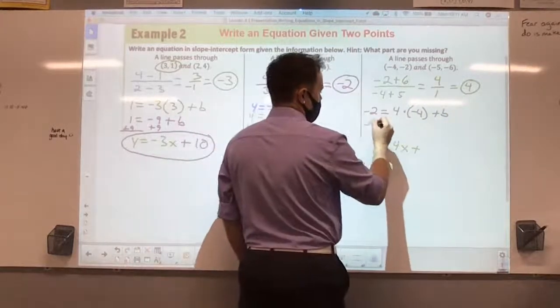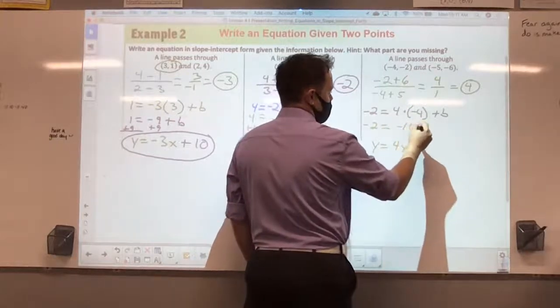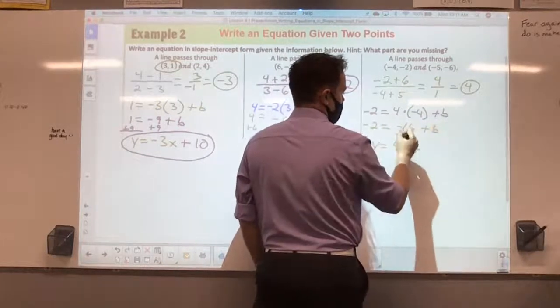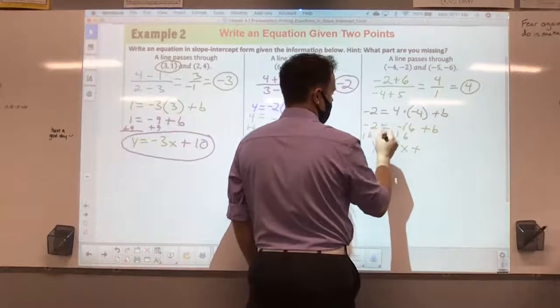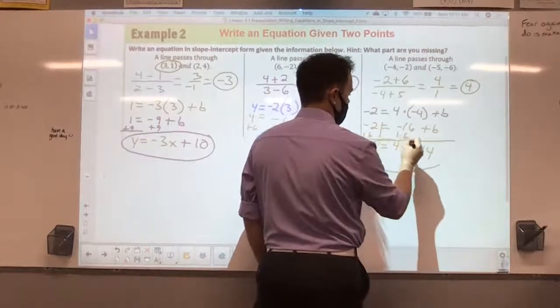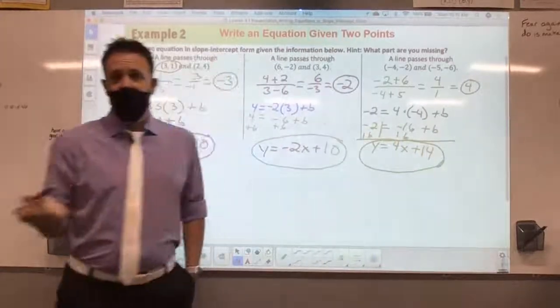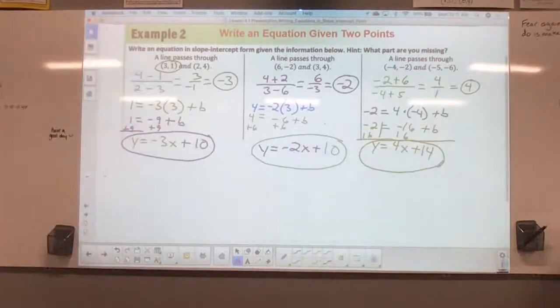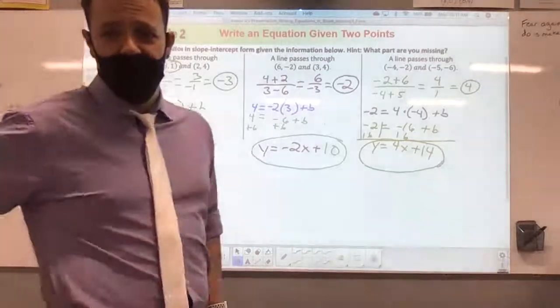So this would be negative 2 equals negative 16. Add 16 to both sides. What do you get? You guys see that? Hopefully you do. Okay, any questions?